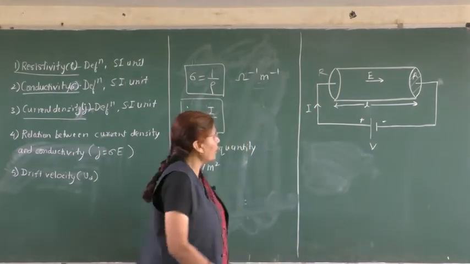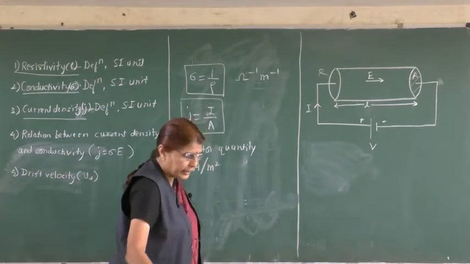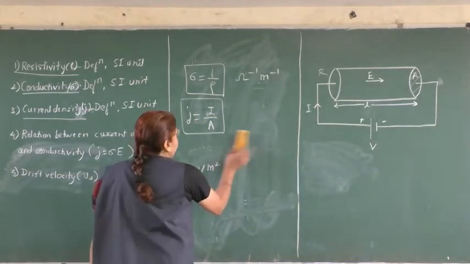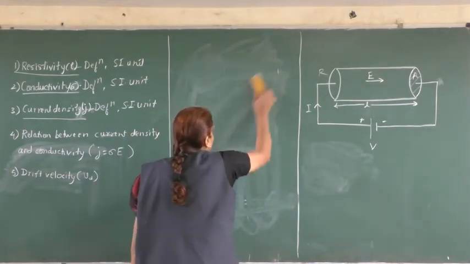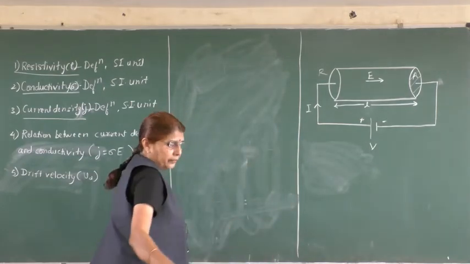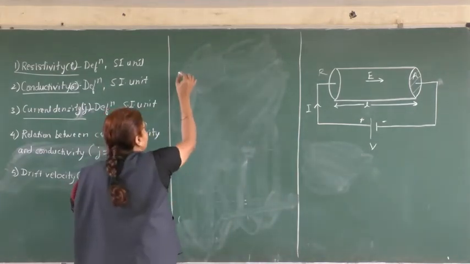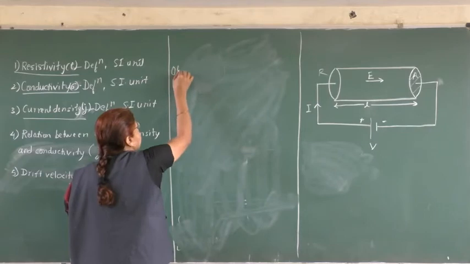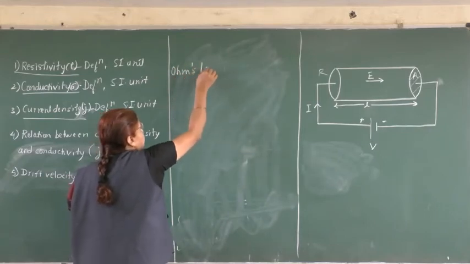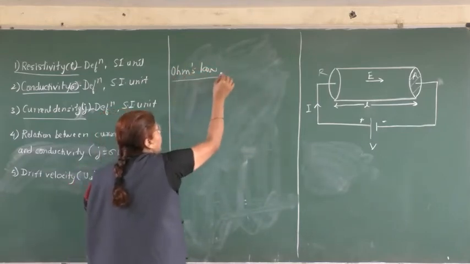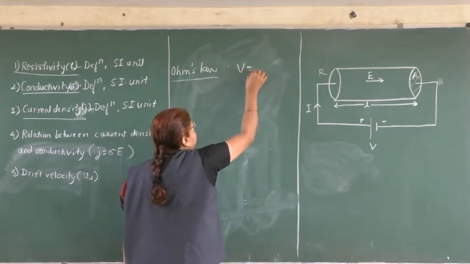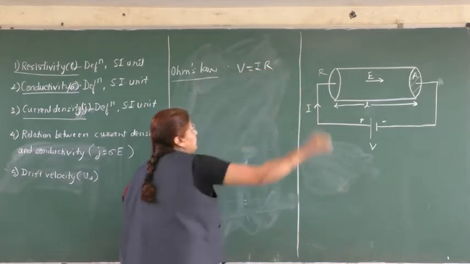By Ohm's law, we shall write down a relation between V and I. So I will use Ohm's law here. By Ohm's law, V is equal to IR.